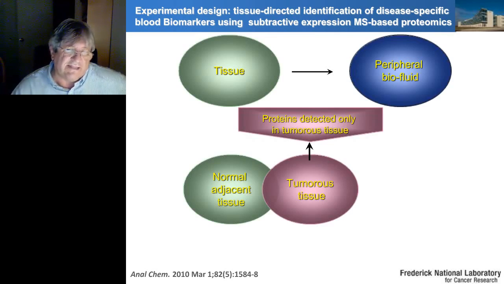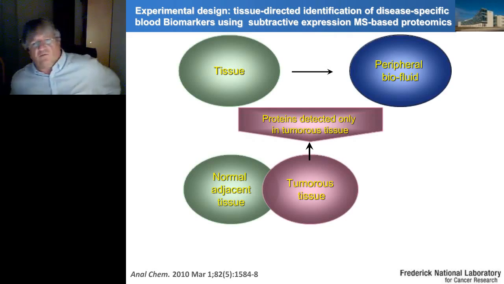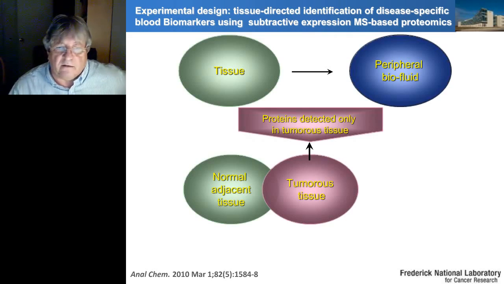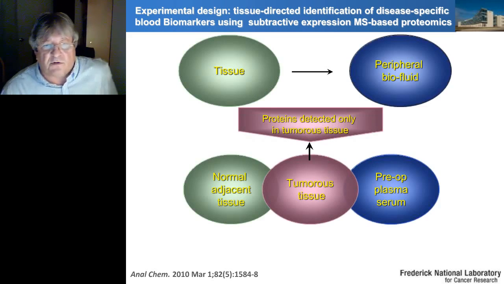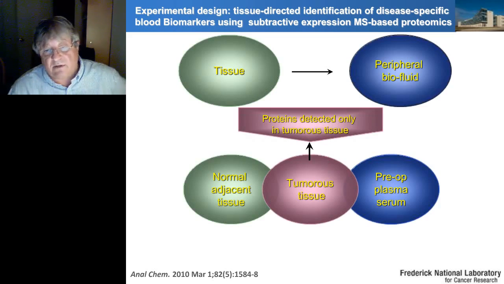We didn't look in the first instance at proteins that are more expressed in tumorous tissue, but we thought that those found by mass spec only in the tumor might be the biologically most relevant. Then when we do the subtractive proteomics between tumor and plasma, any protein that has been identified in plasma may be used as a biomarker.